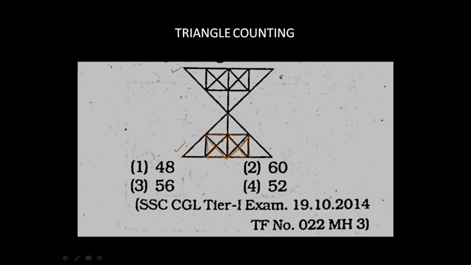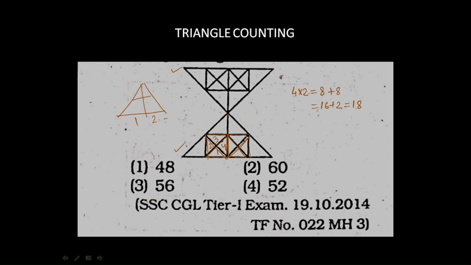How many triangles should be there? There will be 18. How? In each part there will be 4. So 4 into 2, 8. 8 plus 8, 16. Clear? And one common line, so there will be 2 more. It will be 18.